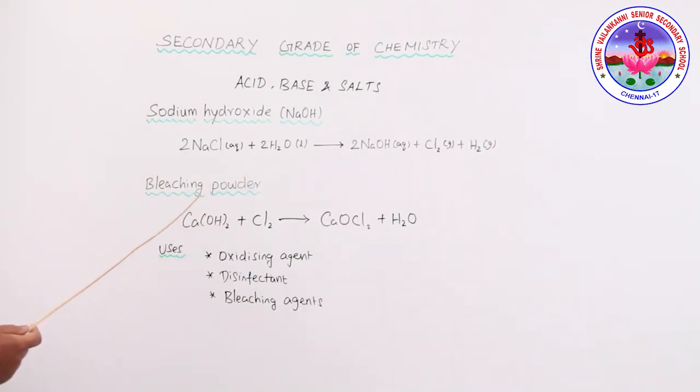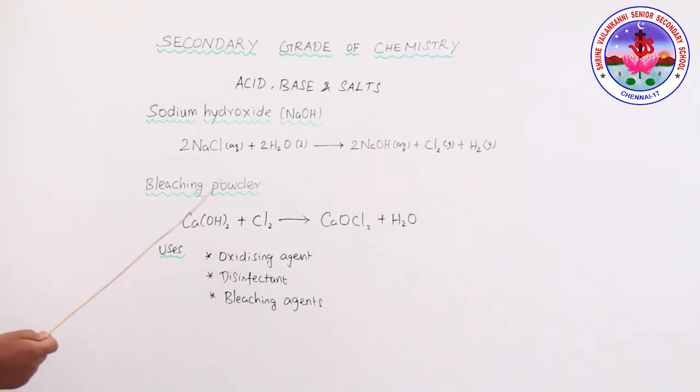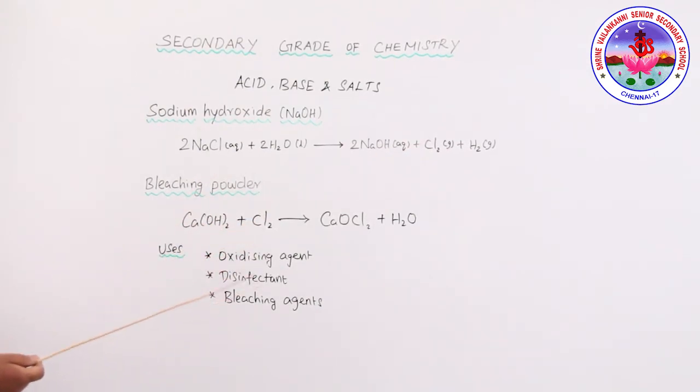For bleaching powder, you have already come to know that chlorine is produced during the electrolysis of aqueous sodium chloride, that is, the brine solution. This chlorine gas is used to manufacture bleaching powder.